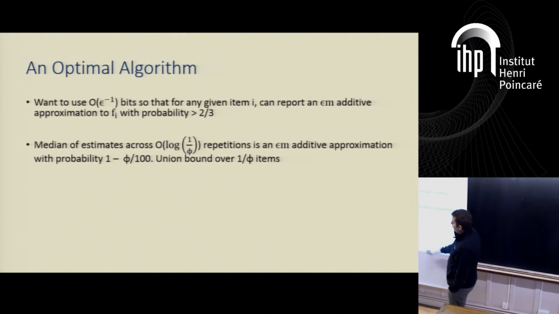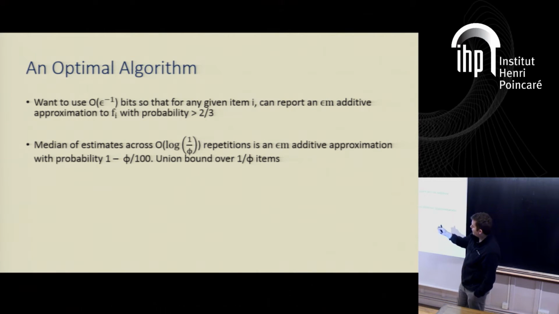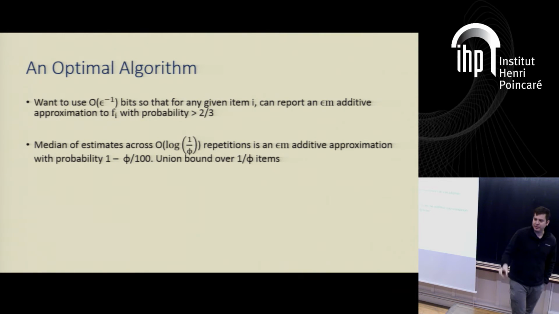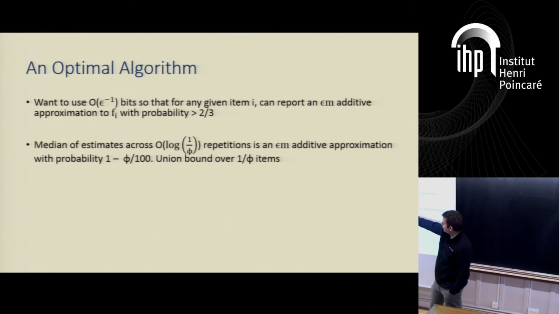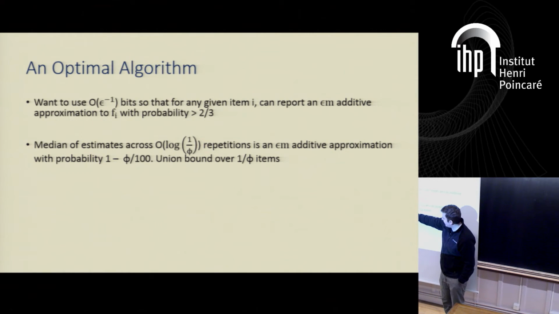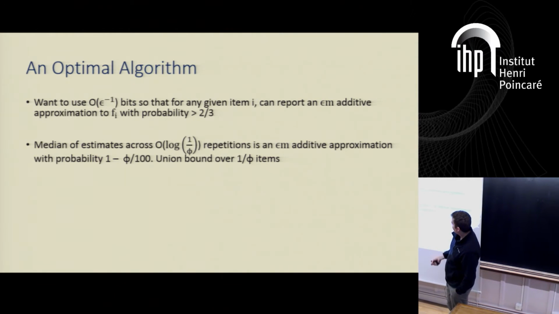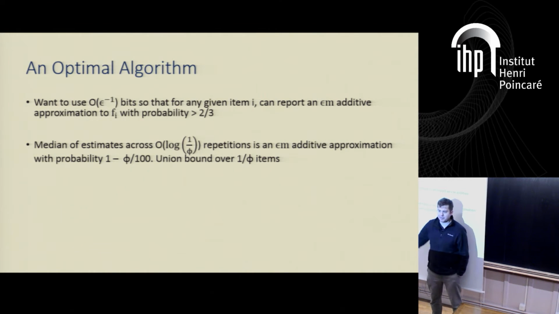Then we have log 1 over phi independent repetitions of it, and for any given i, we can take the median of the estimates reported by each of these basic data structures. By Chernoff bounds, each one is correct with probability 2/3, and with log 1 over phi independent repetitions, the median is going to be a correct additive epsilon m approximation with probability at least 1 minus phi over 100.